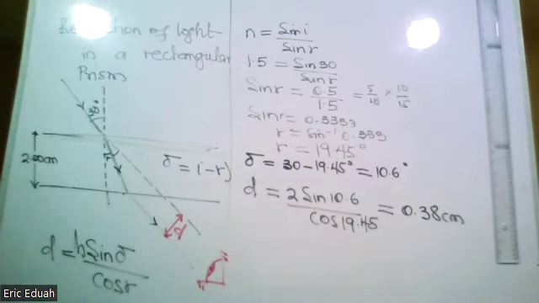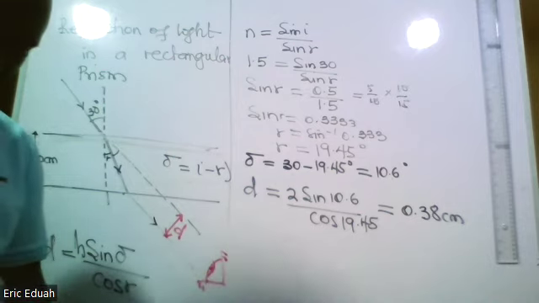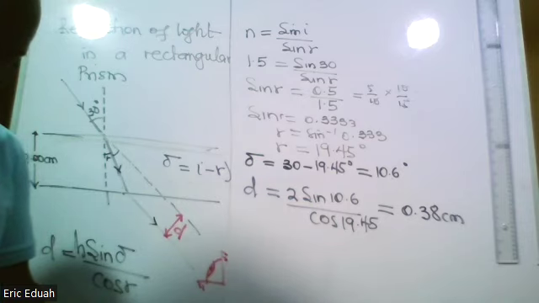Then the next question: determine the time required for the light to pass through the glass block. How do we go about question 17?